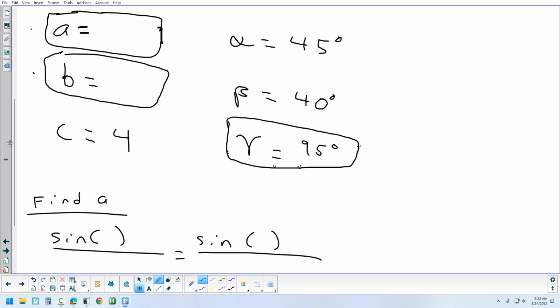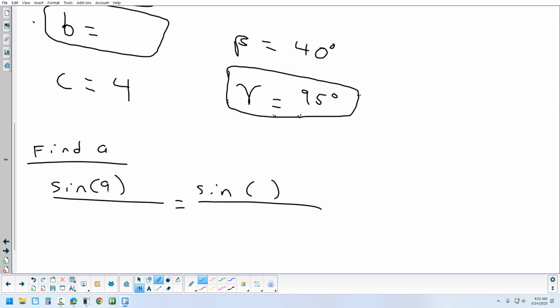Sine 95. Yep, we can do sine 95 over 4 equals. And now, if you would put that on the right side, that's fine too. You're just going to have sine of 95 over 4 in one of the fractions. Now, what's going to go on the right side if I'm finding A? Yep. Eliana. Sine 45 over A.